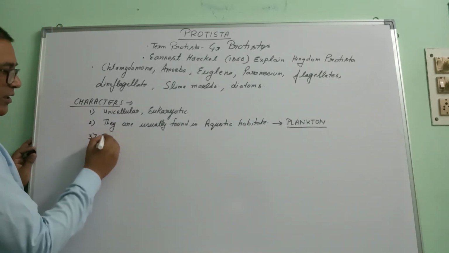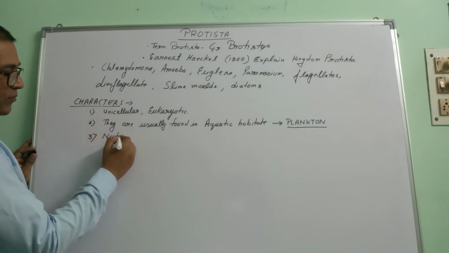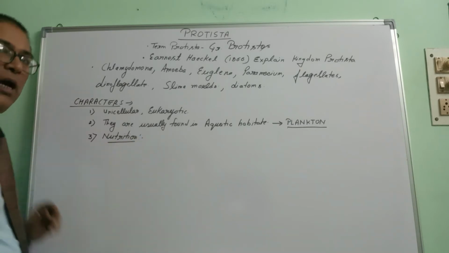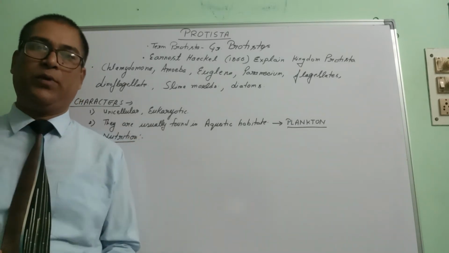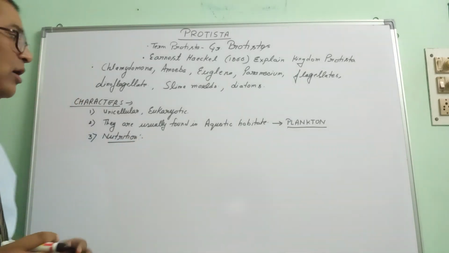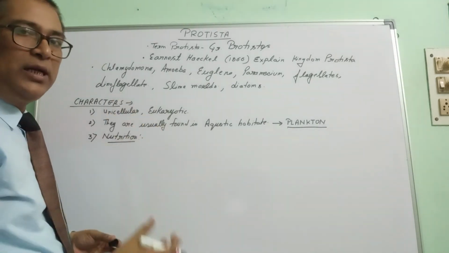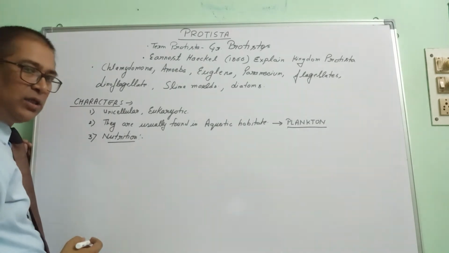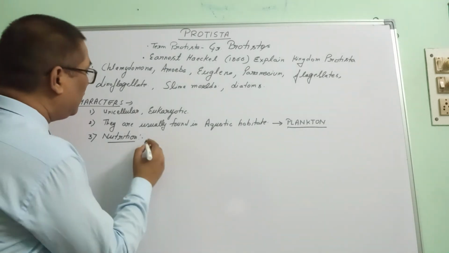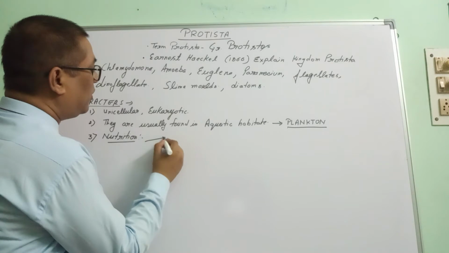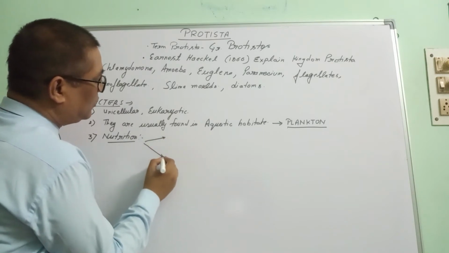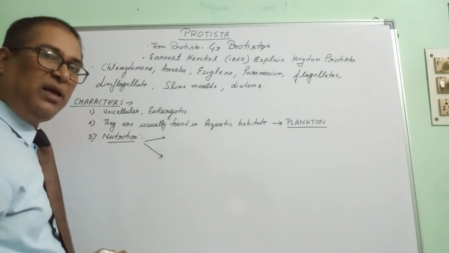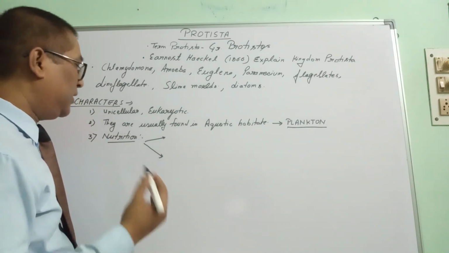Third characteristic is nutrition. Nutrition is the most significant characteristic that differentiates between the monerans and protistans. In protistans, there are two types which are categorized on the basis of nutrition.